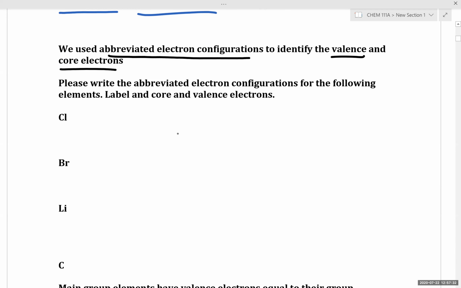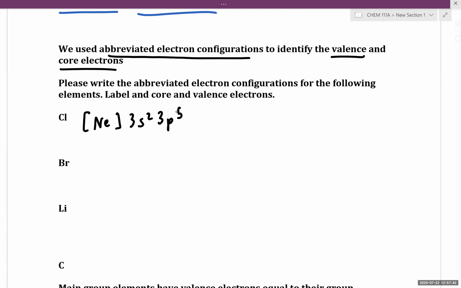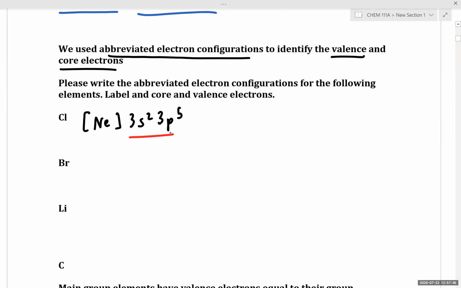I'm going to my periodic table and I find chlorine. The preceding noble gas is neon, and our configuration is 3s2 3p5. As we can see, we have 7 valence electrons, and chlorine is a group 7A element.